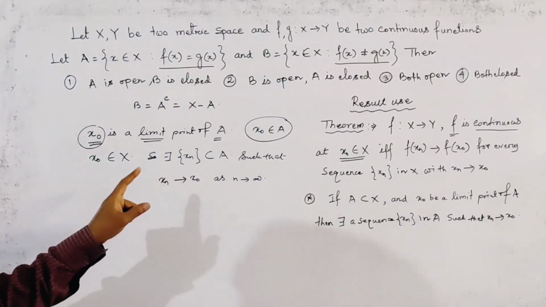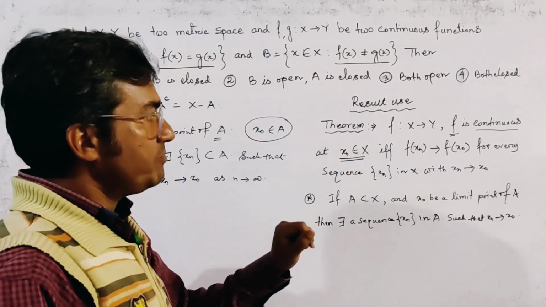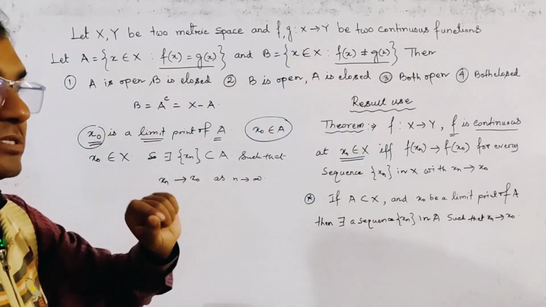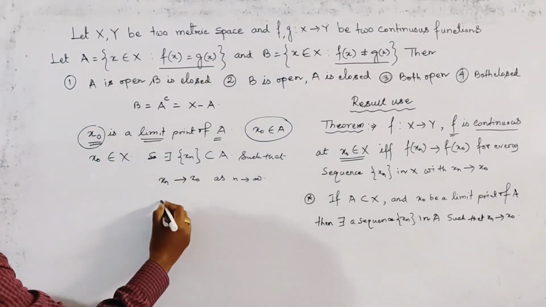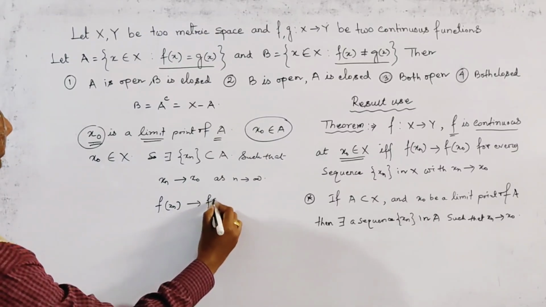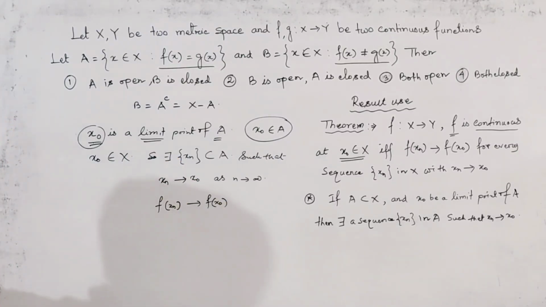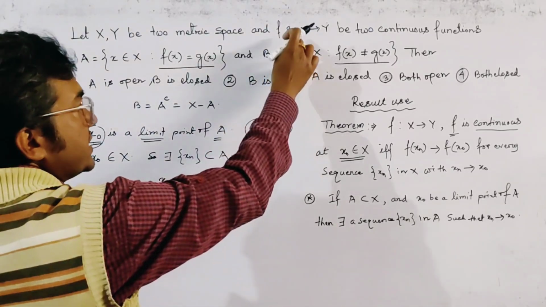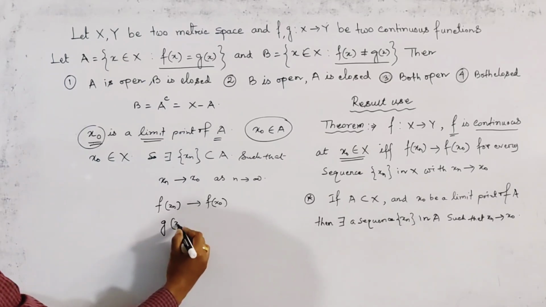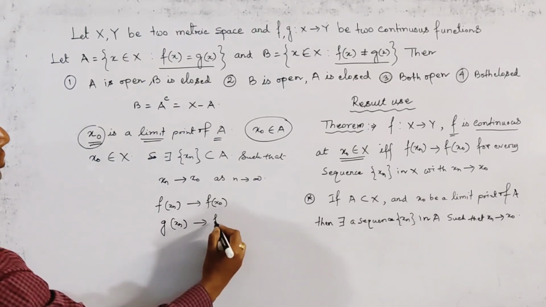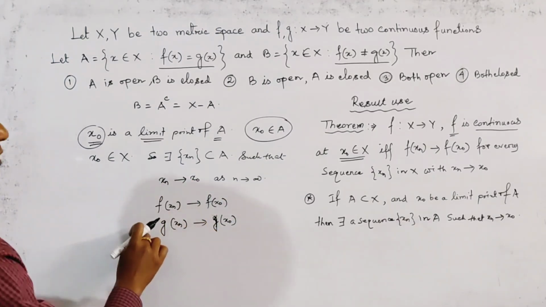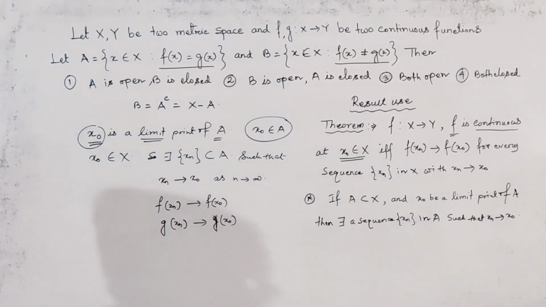Now we use the first theorem. Since f is continuous, f of xn must tend to f of x0. Similarly, since g is another mapping which is also continuous, g of xn tends to g of x0. These two results we get from using the first theorem.